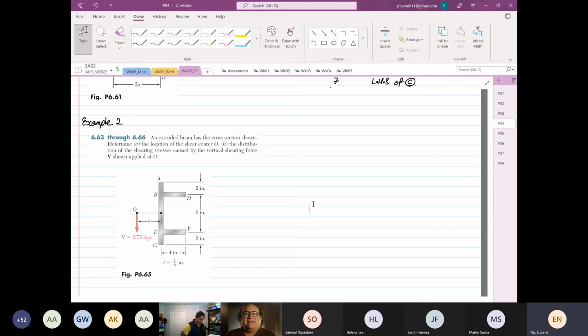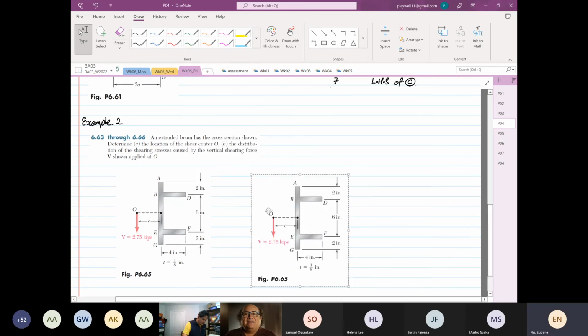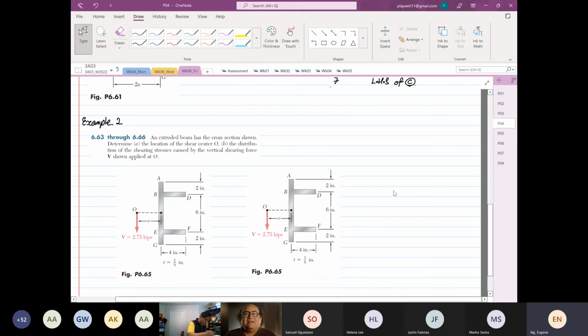Like before, observe the geometry, then construct your shear force. So you have shear force coming down here, going here, coming down here, going down here, going here, and going here. So this is how your shear force looks like.